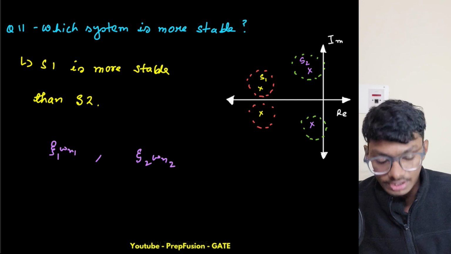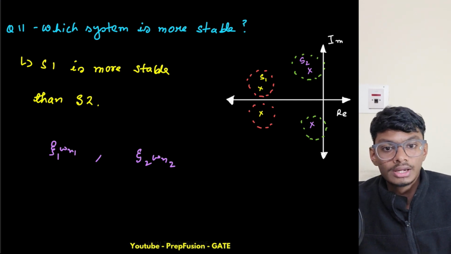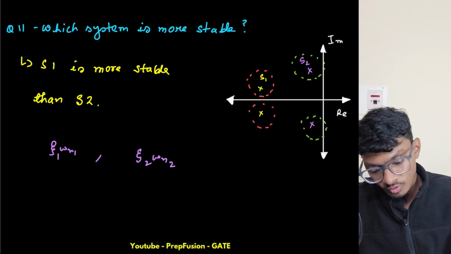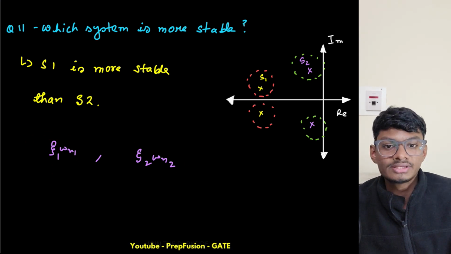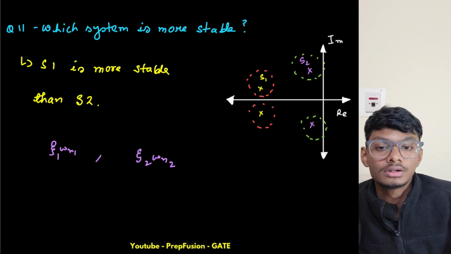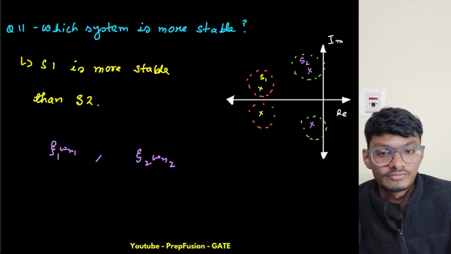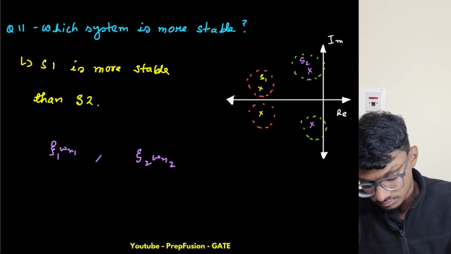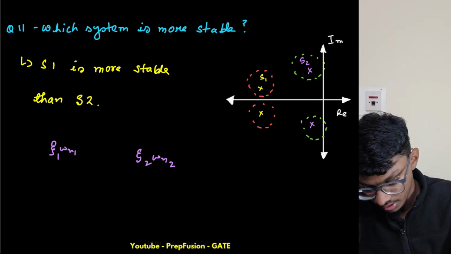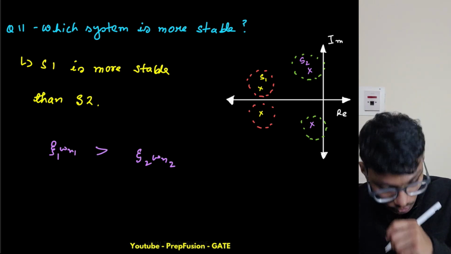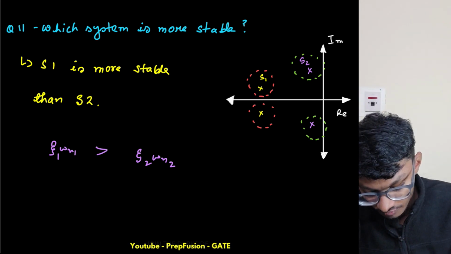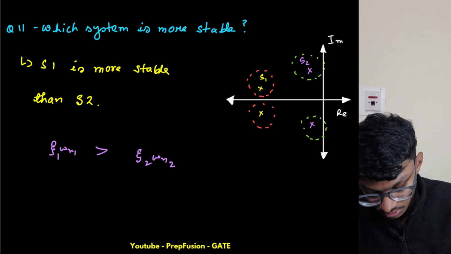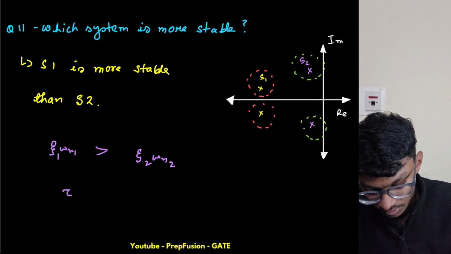Now, if I take the inverse of this, what is the time constant? Time constant is proportional to the magnitude of the reciprocal of my negative real root. So zeta 1 omega n1 is greater than zeta 2 omega n2. Now if I take the inverse, then my tau 1 will be less than tau 2.